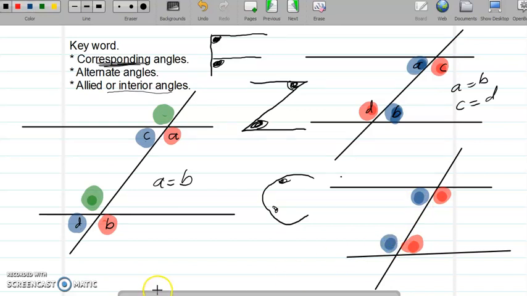And the sum of the interior angles is equal to 180. So if I have here A and here B, that means that A plus B is equal to 180 degrees. If I have here also C and D, that means that C plus D is equal to 180 degrees. Always remember these facts.